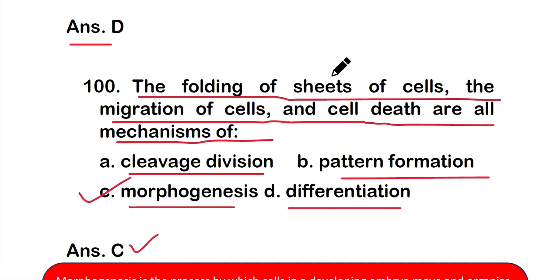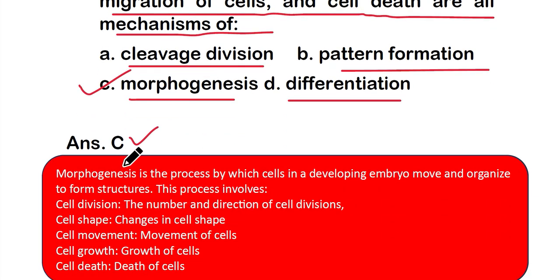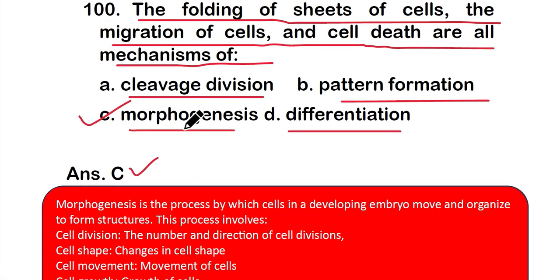So the folding of sheets of cells, the migration of cells and cell death are all mechanisms of morphogenesis. So here morphogenesis is the process by which cells in a developing embryo move and organize to form structures. This process involves cell division, cell shape, cell movement, cell growth and cell death. Okay, so this is all about morphogenesis.